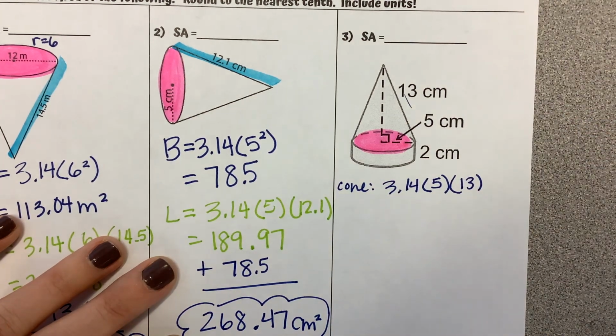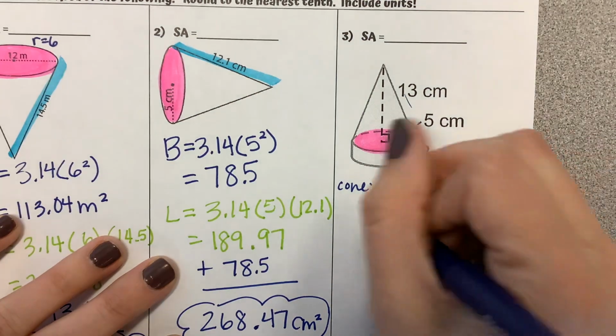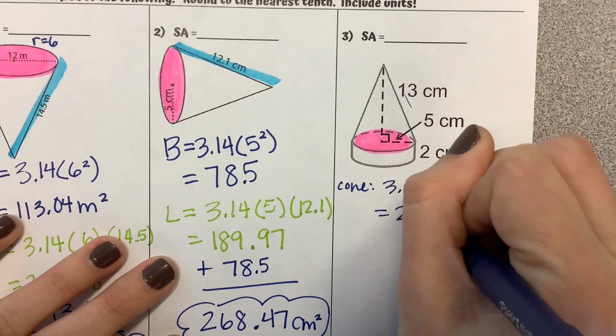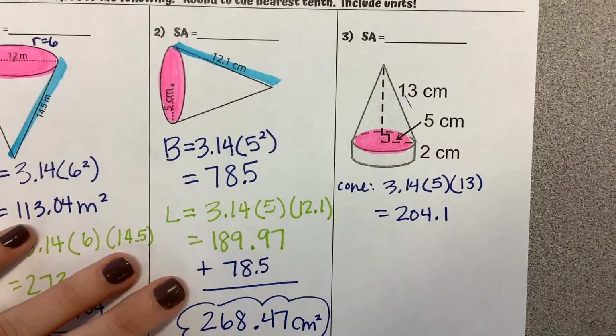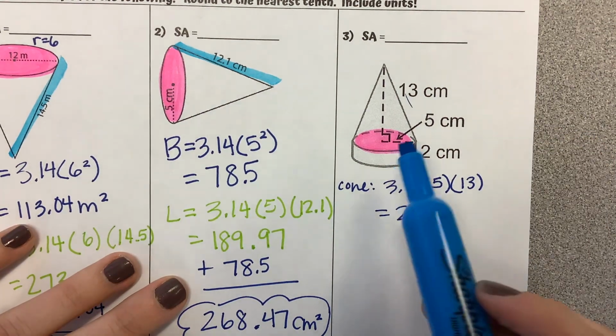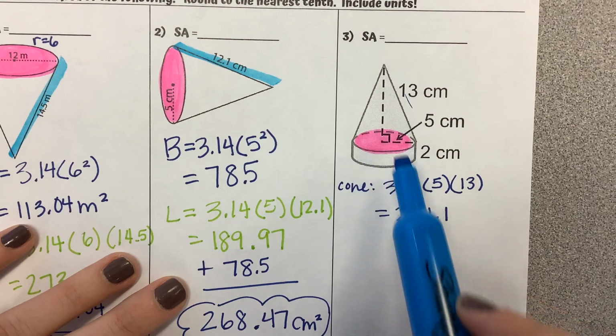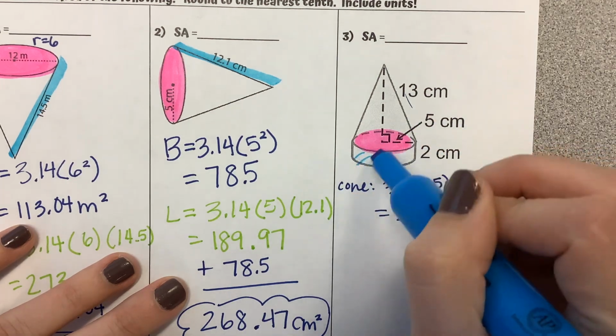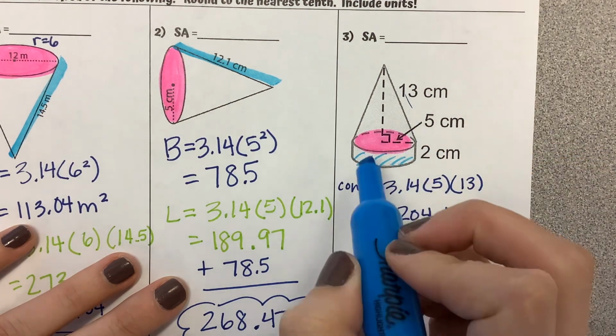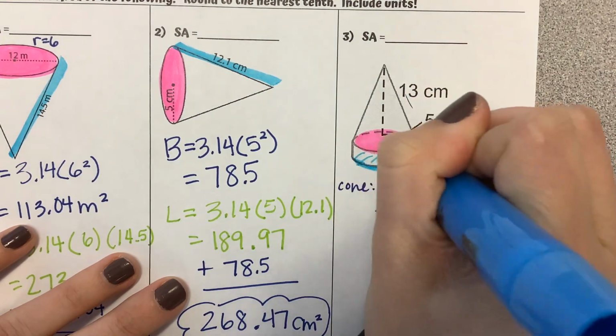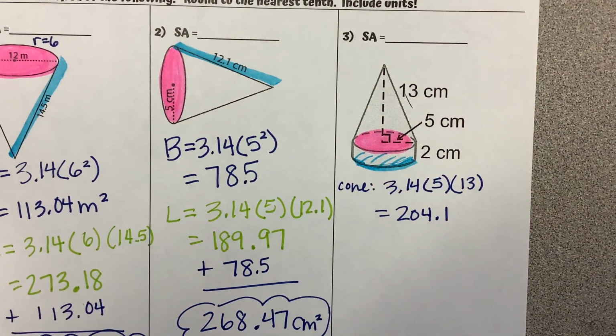So calculating that, we get 204.1. Now, for the cylinder, again, I don't need this top circle. I need the lateral surface area, which is here, plus the circle, which is on the bottom. We just don't need both of those.